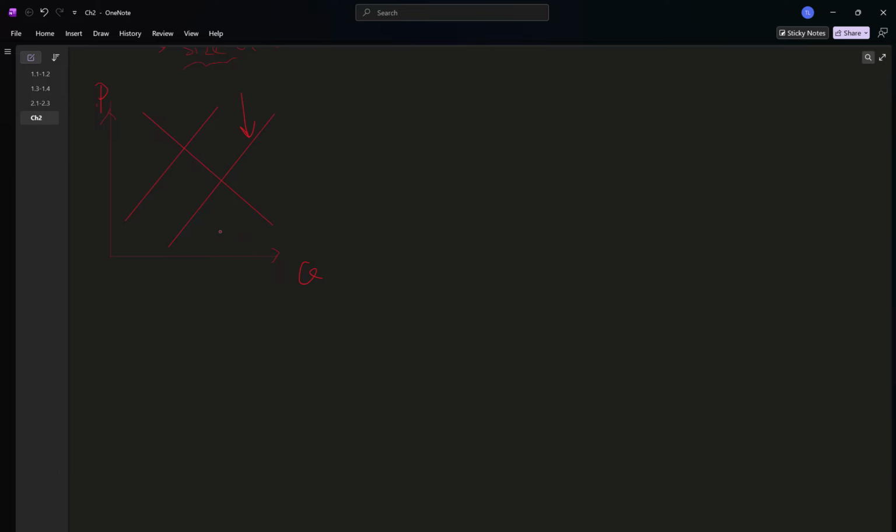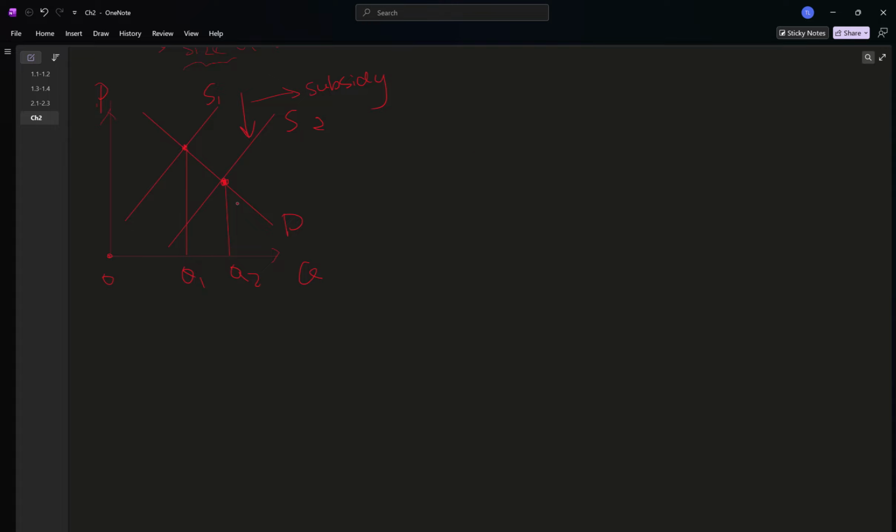So this is the subsidy diagram. As we always do, we label the demand curve and the supply curve. The supply curve shifts from S1 to S2, and this part is the subsidy.